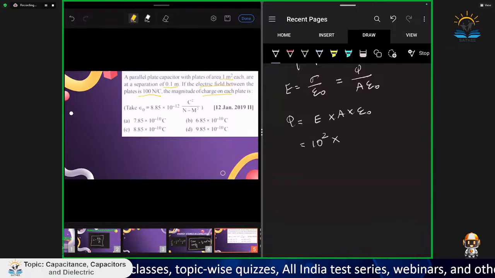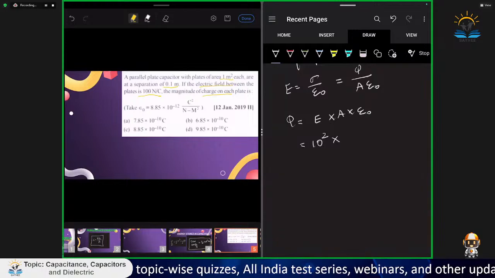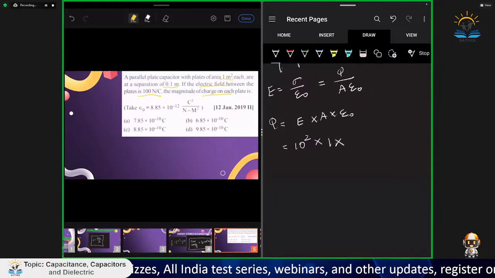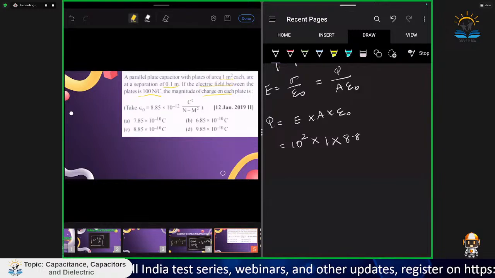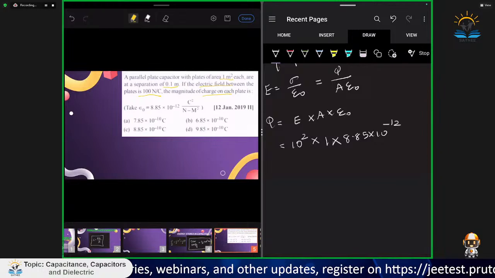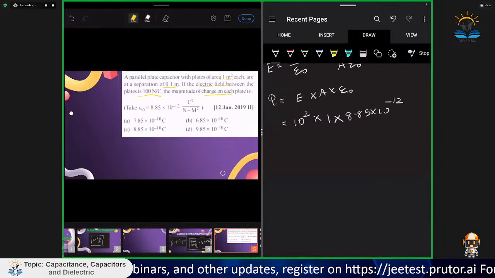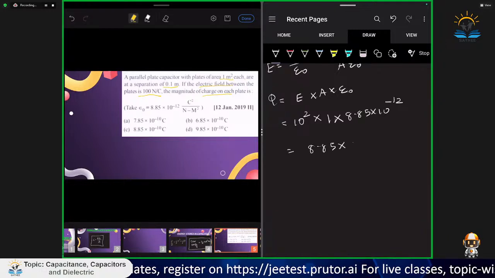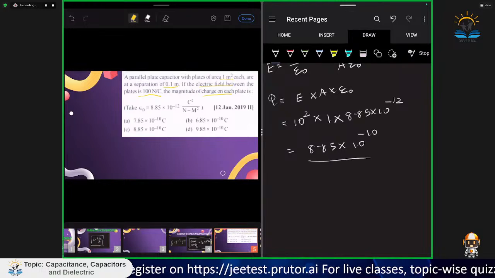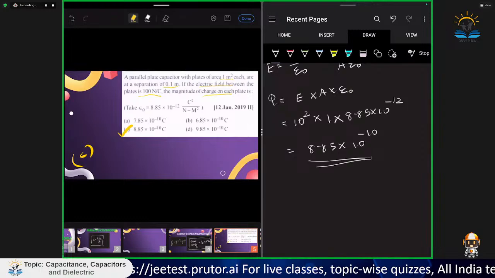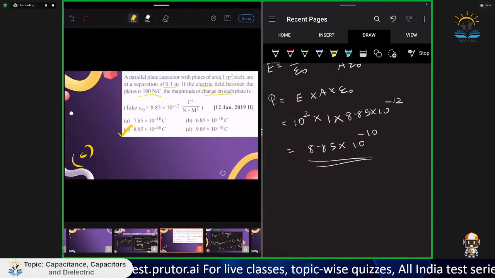The area is given as 1 meter square, so that is 1 into epsilon, which is 8.85 into 10 raised to minus 12. We all know that. So let's solve this problem. So 8.85 into 10 raised to minus 10. So option C is the right answer. Very easy question, right?